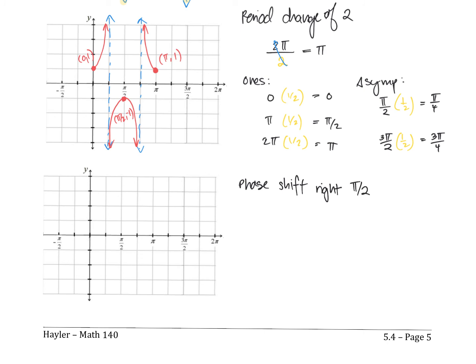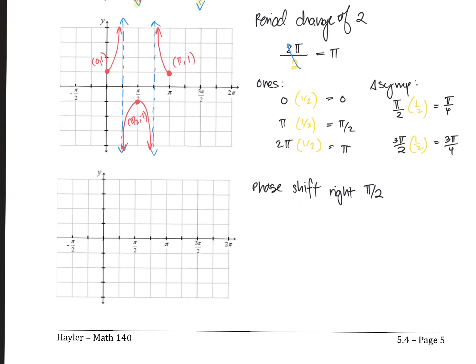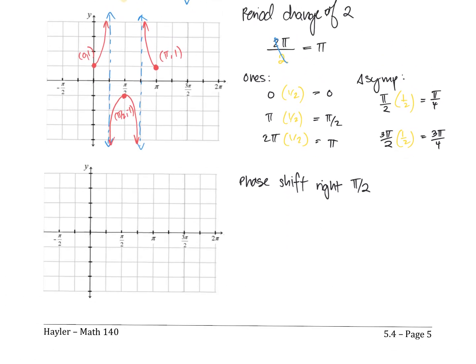Pi over 2. So we're going to be adding pi over 2 to all of our values. Let me write those down again. Our 1s, which are new ones, are 0, pi over 2, and pi. And then our asymptotes are pi over 4 and 3 pi over 4.